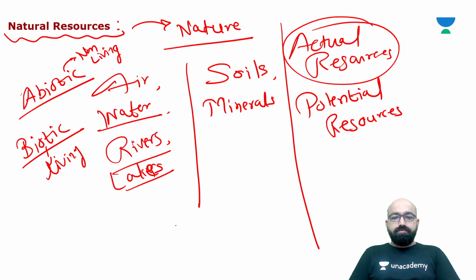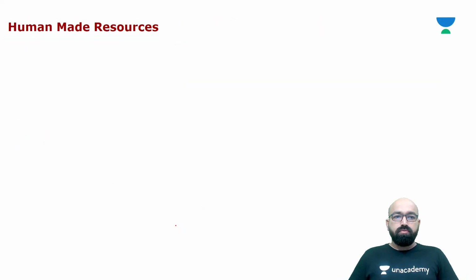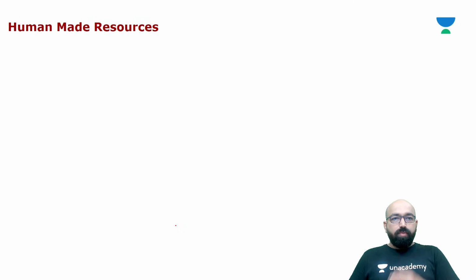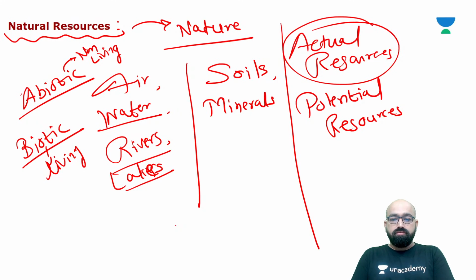So friends, natural resources can be broadly categorized into renewable and non-renewable resources. So renewable resources are those which get renewed or replenished quickly.